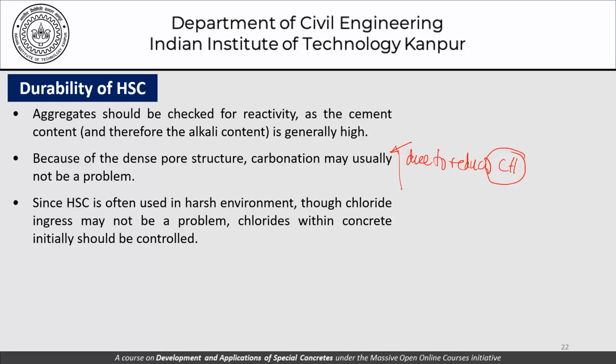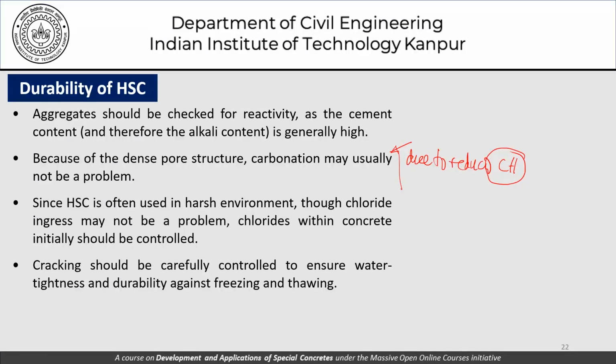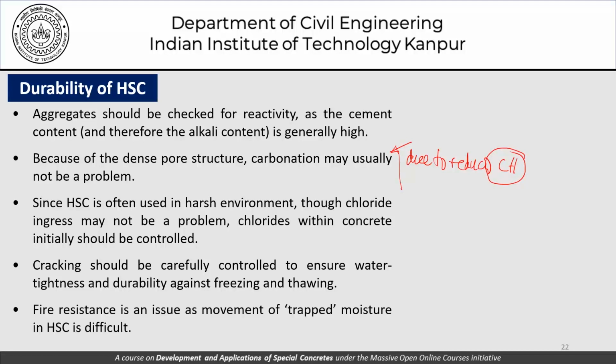Since high strength concrete is often used in harsh environments, though chloride ingress may not be a problem, chlorides within the concrete initially should be controlled. Cracking should be controlled very carefully to ensure water tightness and durability against freezing and thawing. We've already talked about this, and we know that cracking could be an issue because of the shrinkage and other issues coming out of the high cement content.